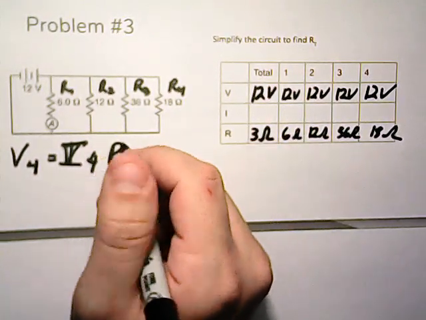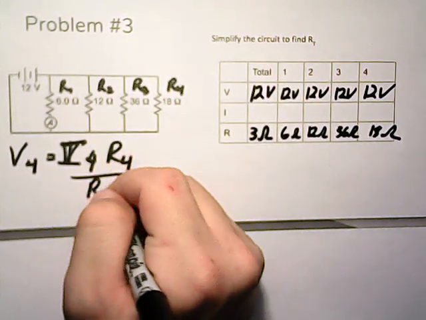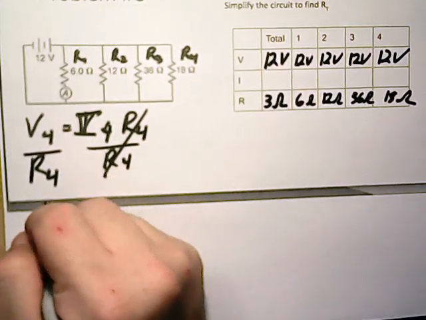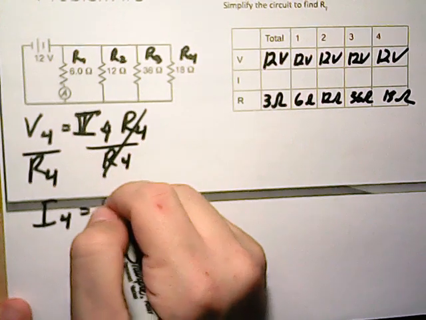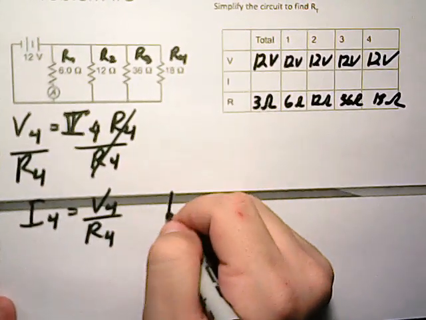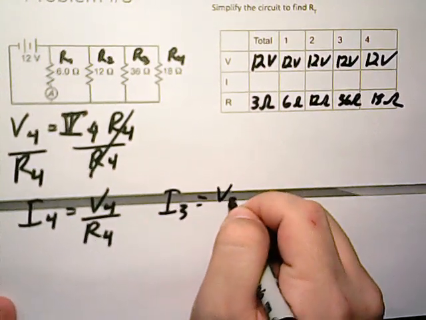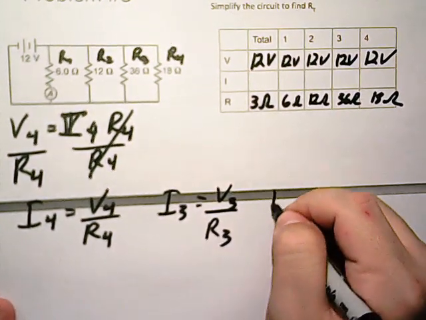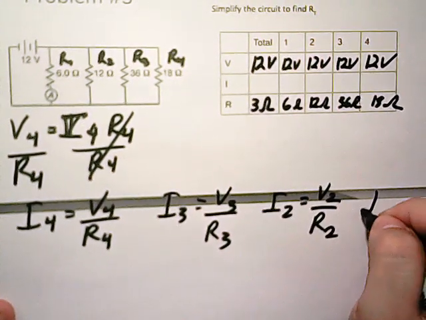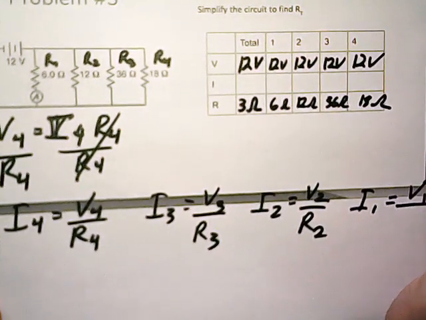We're solving for I, so we're going to divide both sides by R4. So we get I4 is equal to V4 over R4. And same thing for I3 is equal to V3 over R3. I2 equals V2 over R2. And I1 equals V1 over R1.